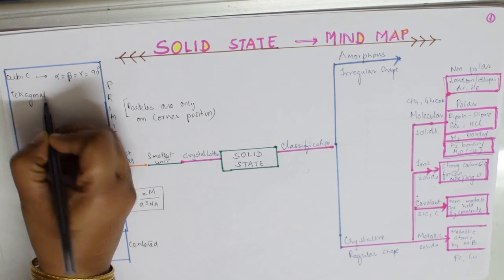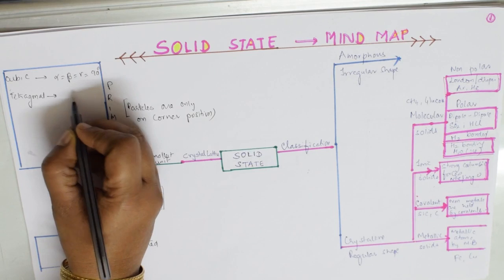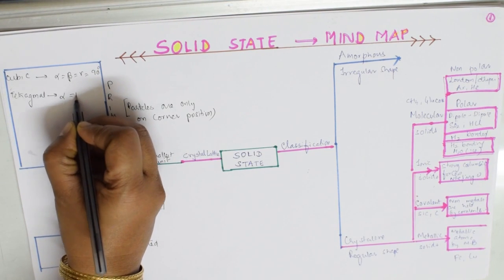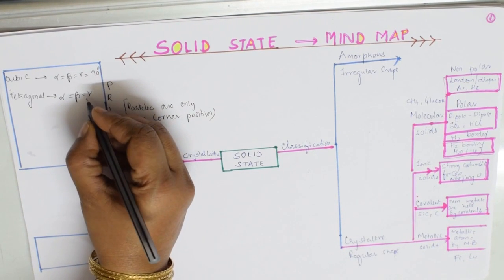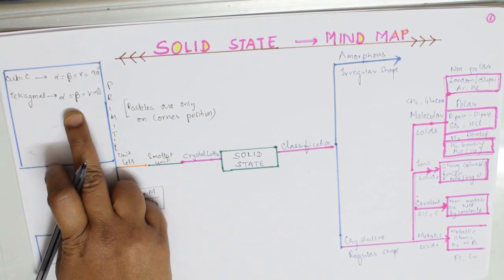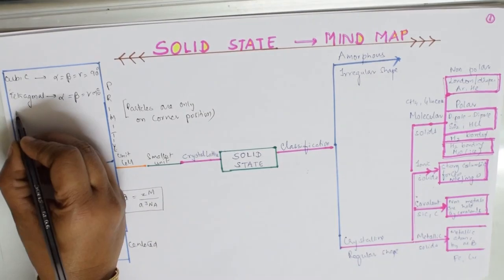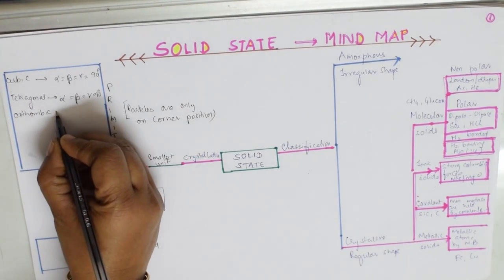In the tetragonal Bravais lattice, this is also primitive in nature, as you have written here. Alpha is equal to beta is equal to gamma is equal to 90 degrees. Examples are tin, SnO2, TiO2. The next category is the orthorhombic variety of Bravais lattices.